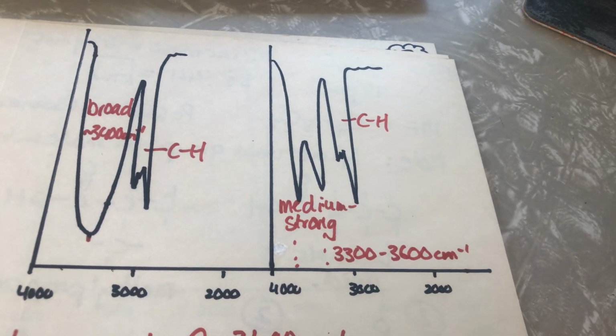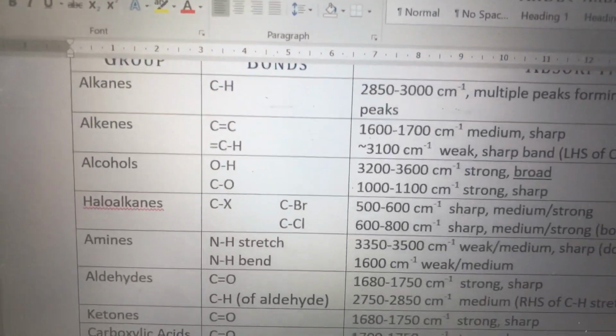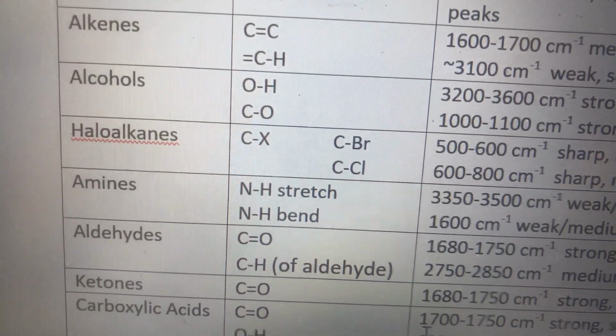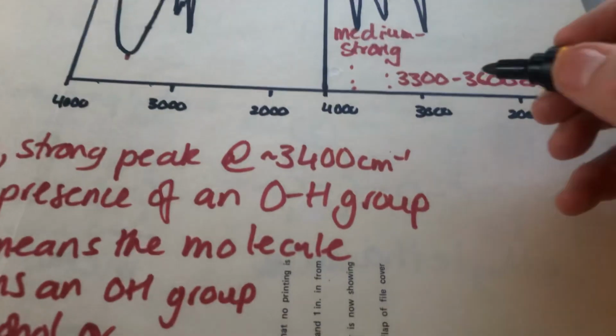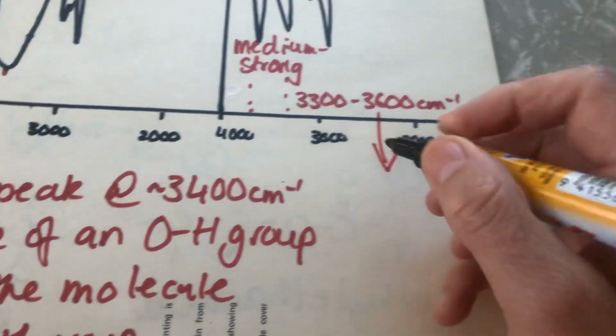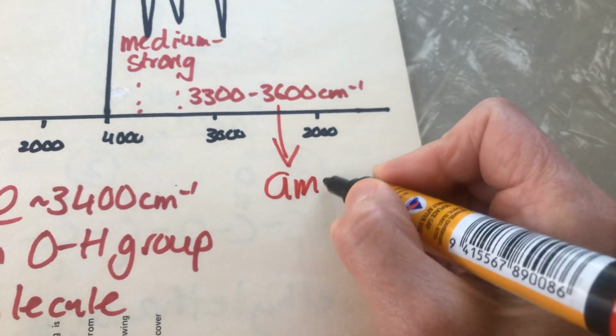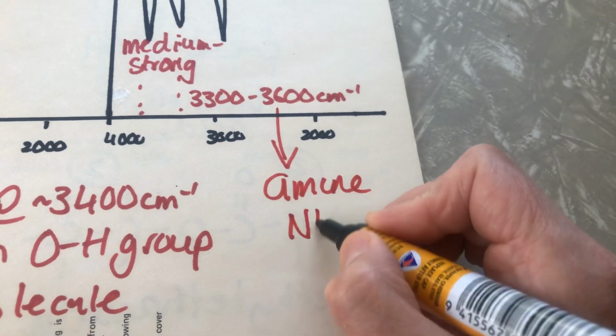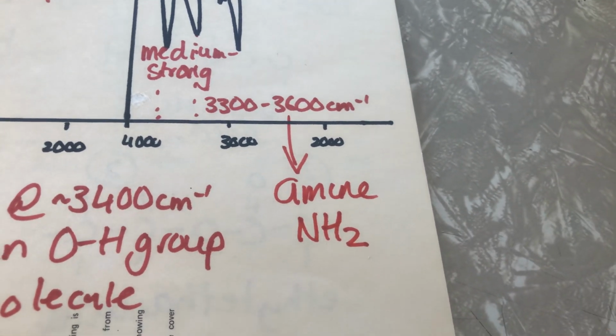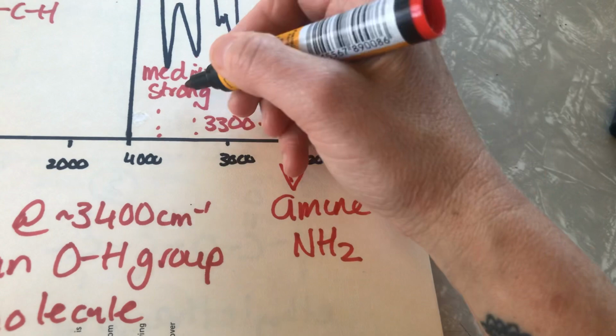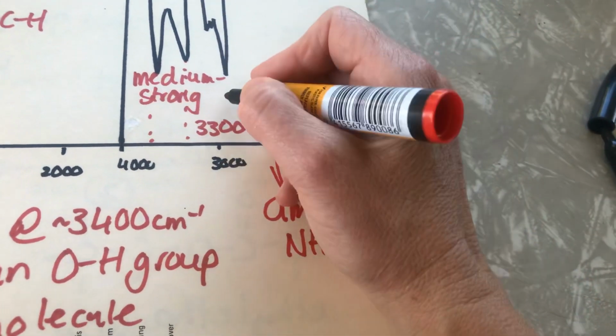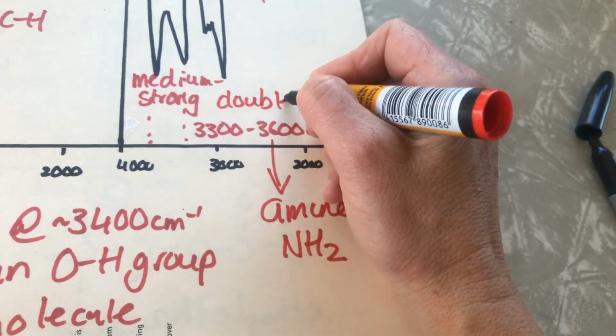Okay, so here's my P. What does this one link to? Go back to my resource sheet. In fact, I'm going to show you that there, and this is an amine here. Okay, it's on my sheet. So this links to the presence of an amine group or an NH2. Okay, so if I have this medium strong, and one thing I've forgotten to say here, this is a doublet peak.